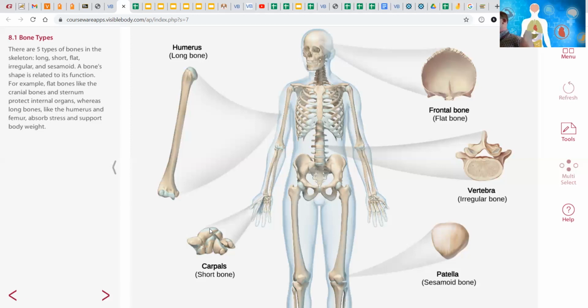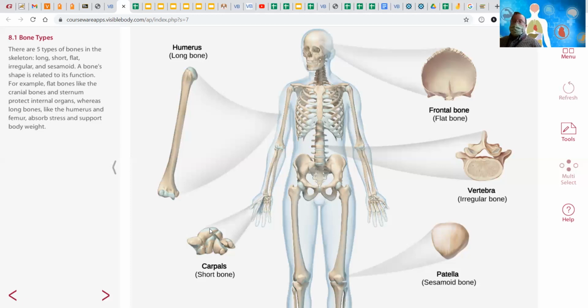The shoulder blades, your pectoral girdle and pelvic girdle, all of those are flat bones. Your thoracic cage, so your sternum and ribs, as I mentioned, are also considered flat bones. So the long bones and the flat bones have the most bones under their umbrella.